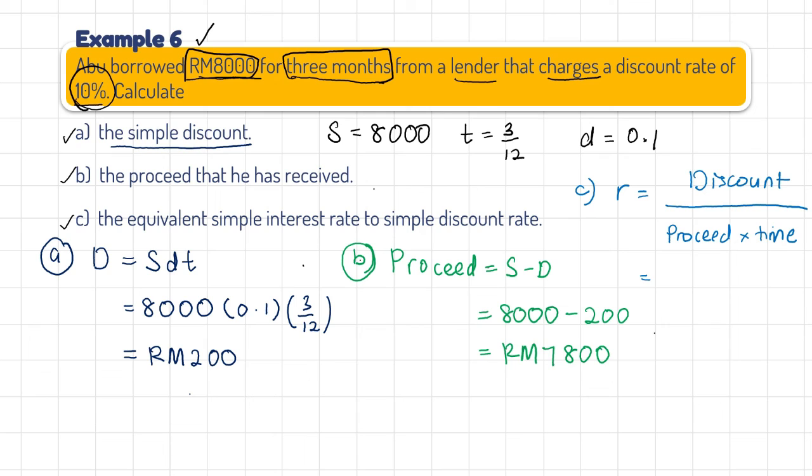Therefore, the discount that we have is 200 over proceeds 7,800 ringgit, and the time is 3 over 12. Just press your calculator carefully and you will get 0.1026. Since this is the equivalent simple interest rate, you need to express your answer for rate in percentage. Therefore, we will write 10.26%. This is the final answer for the last question.